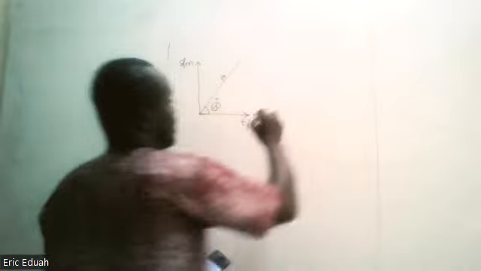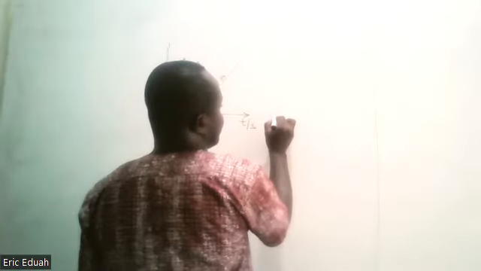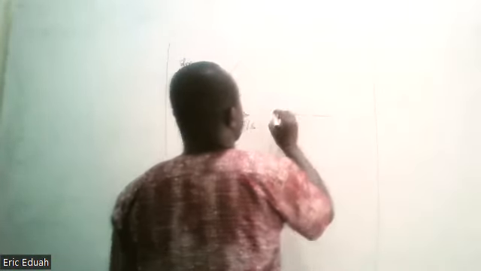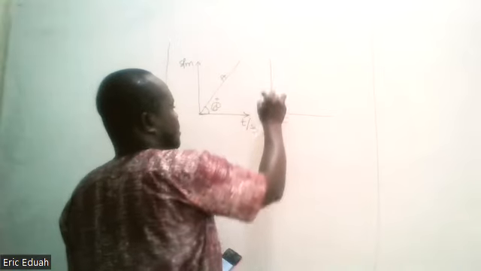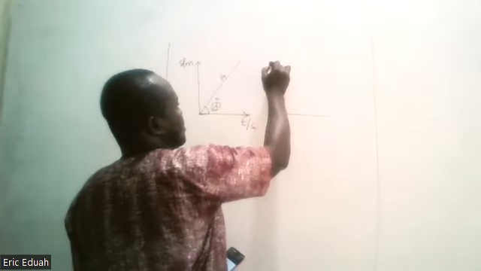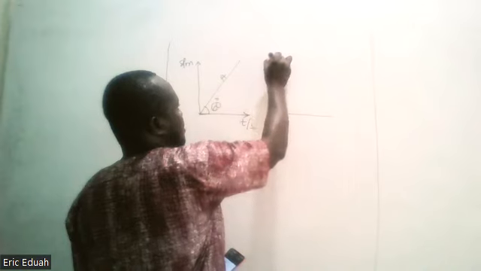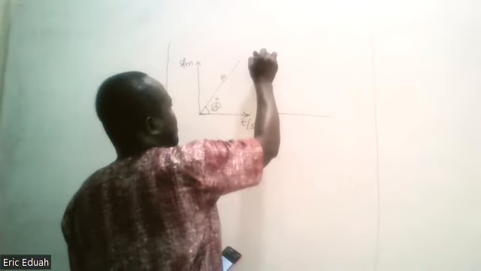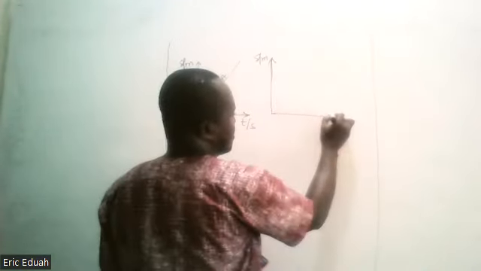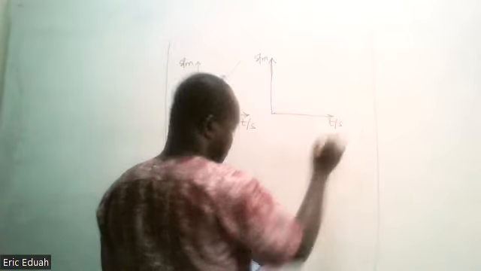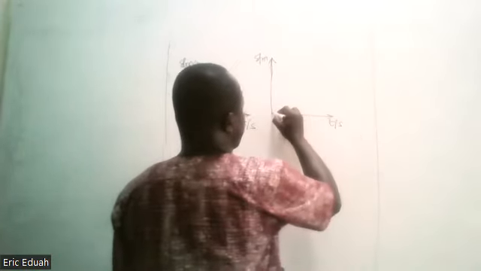Then B is also a displacement-time graph. This is inclined at 30 degrees.